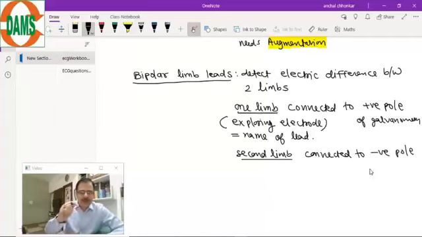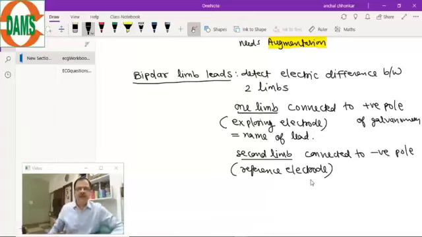So bipolar basically detects the electrical difference between two limbs, in which one limb will be connected to the positive pole, the other limb will be connected to the negative pole, and the limb which is connected to the negative pole is known as the reference electrode. So let's see, with the help of the diagram we will try to understand this.